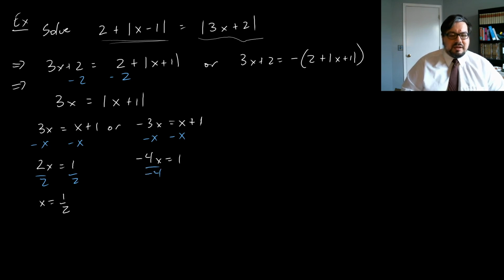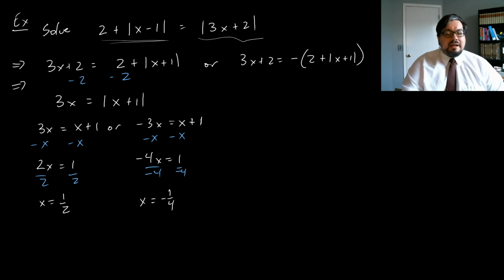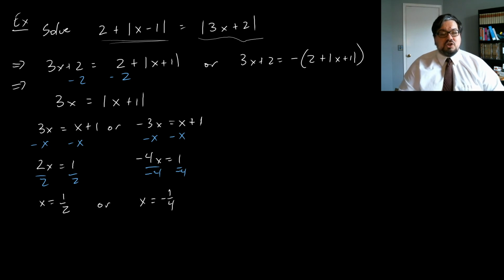Divide both sides by negative 4, and get x is equal to negative 1/4. And so that solves half of our problem. That solves the part of our problem that came from 3x plus 2 equals 2 plus absolute value x plus 1. Let's do the other side now.